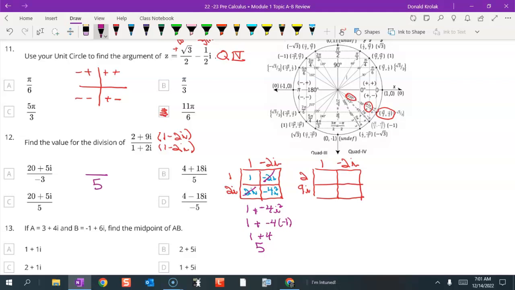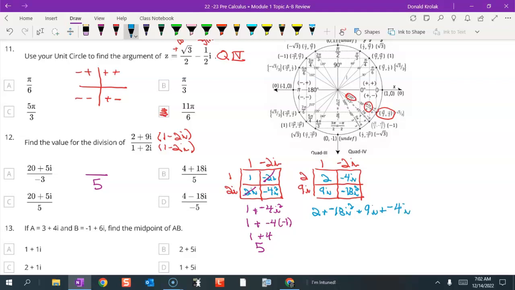Okay, and now my numerator, we got 2, negative 4i, 9i, negative 18i squared. All right, so we've got 2 plus negative 18i squared plus 9i plus negative 4i.